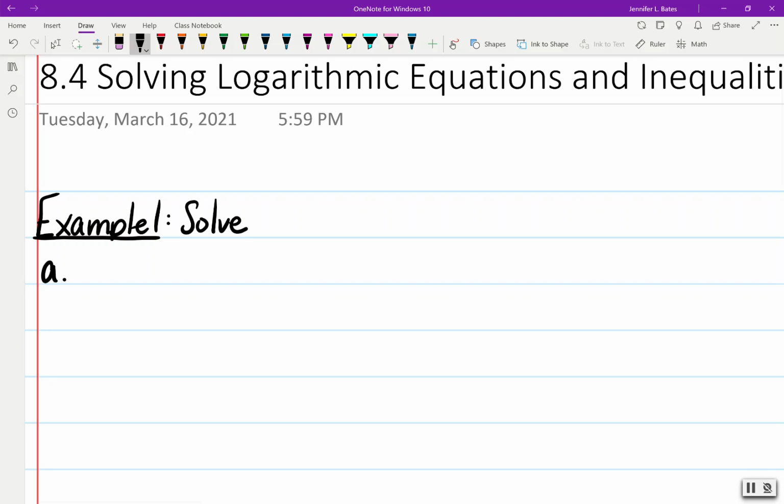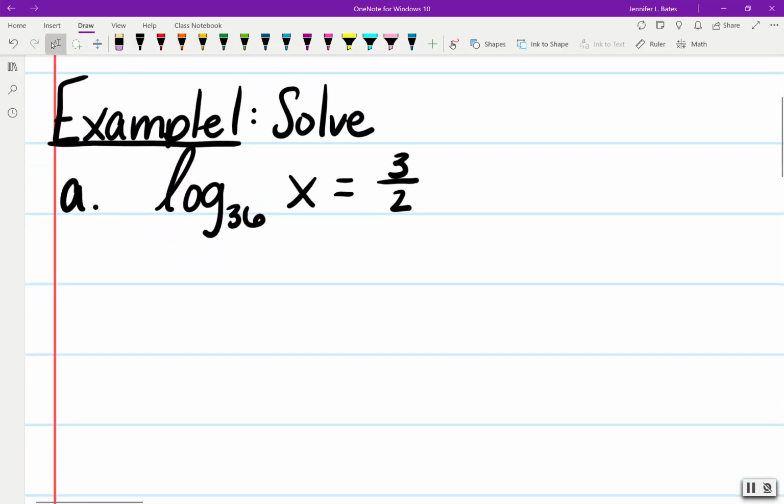And in problem A, we are given log base 36 of x is equal to 3/2. Alright, so I'm trying to solve for x, but right now x is trapped in the log.